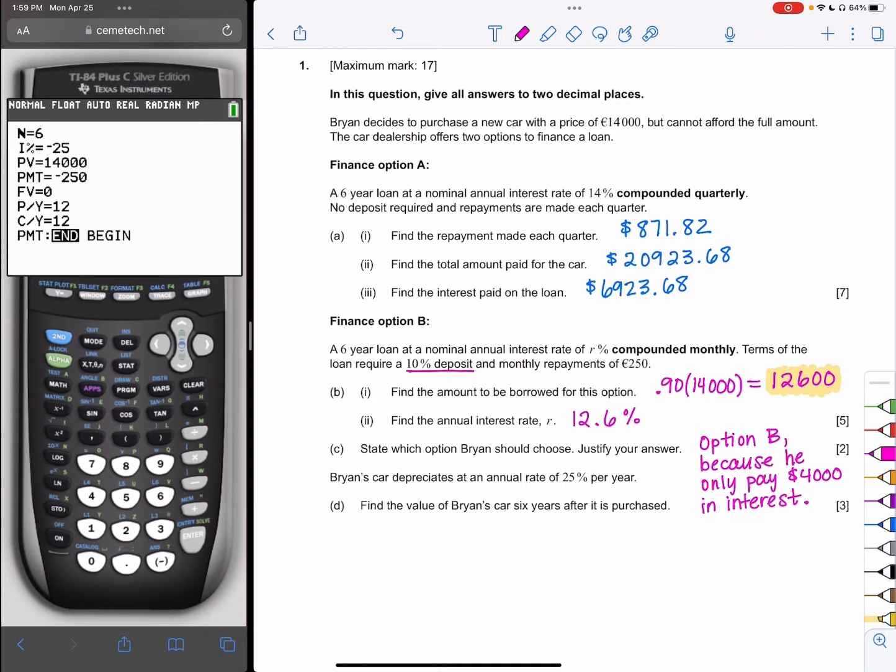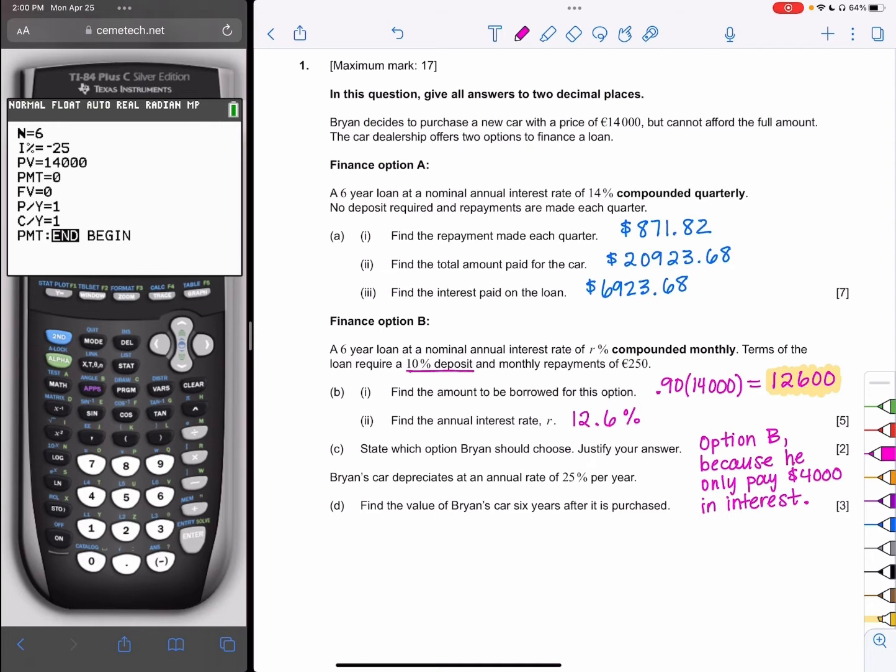When we look at our payment, we're going to put that our payment is 0 here because I'm only talking about the value of the car, how much the car is worth over time. That has nothing to do with the payment that I'm making on the car. And then your future value will want to be 0. Your payments per year and your compounding periods per year is going to be annually. And then we need to find the value of the car 6 years after it was purchased.